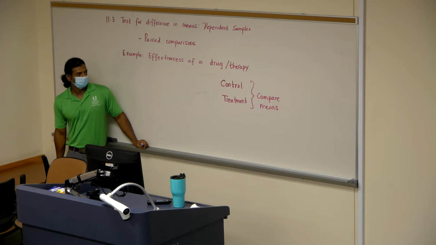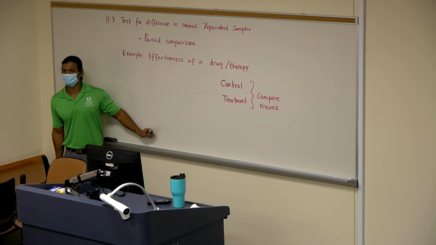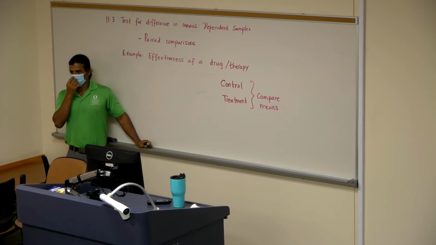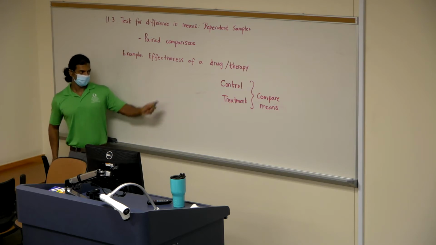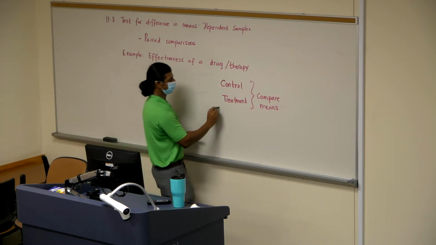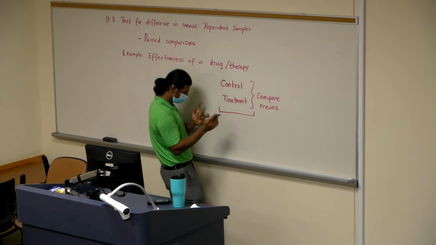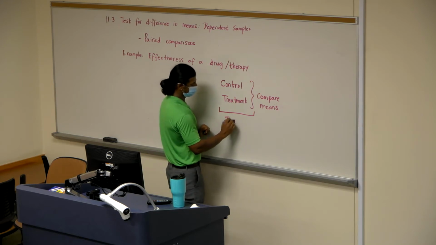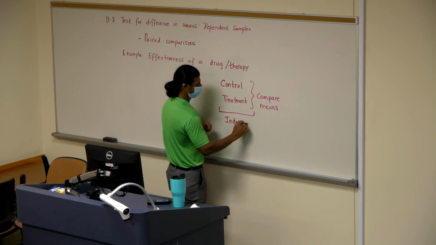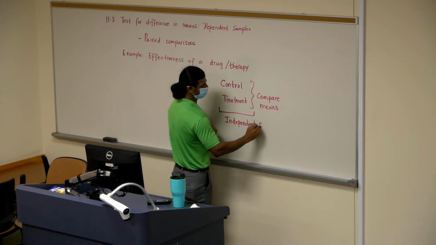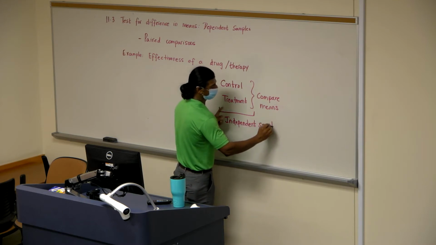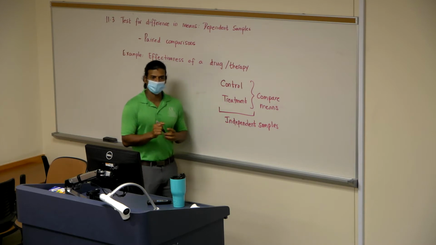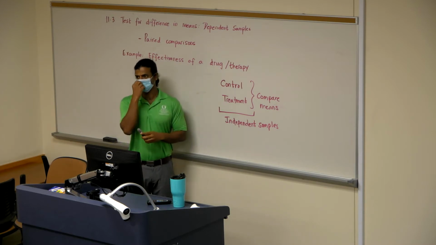Placebo? Well, control typically is placebo. Are they independent? They are independent. In this case, that would form an example for independent samples because what the treatment group will get is not the same thing the control group will get. Do you agree?